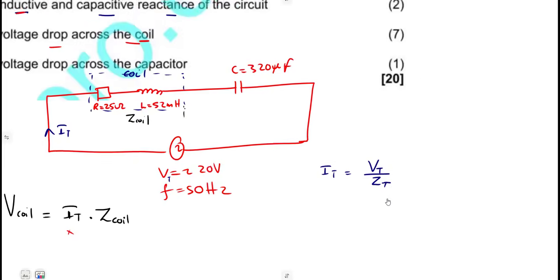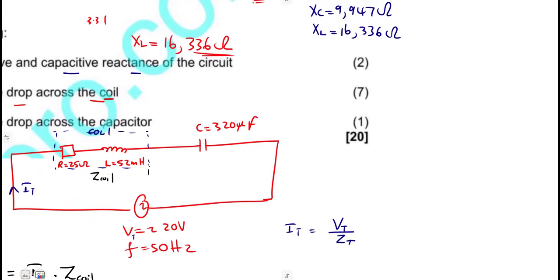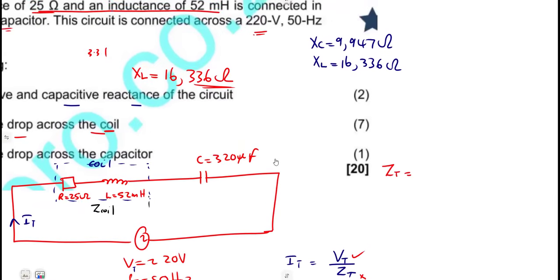So it was just going to be steps like that, guys, electrotechniques like that. So you have to find what you're not given, ZT. So the total impedance is what? Since there are three of them in a circuit, the total impedance comprises everything. So just compare between XL and XC. You can see XL is greater than XC. So it's best for you to subtract XL minus XC.